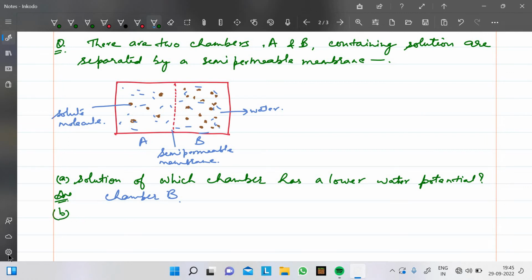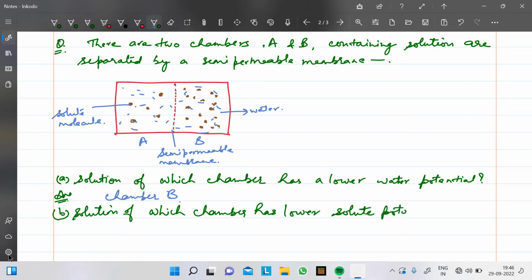Now the second part of this question is: the solution of which chamber has a lower solute potential? What is solute potential?